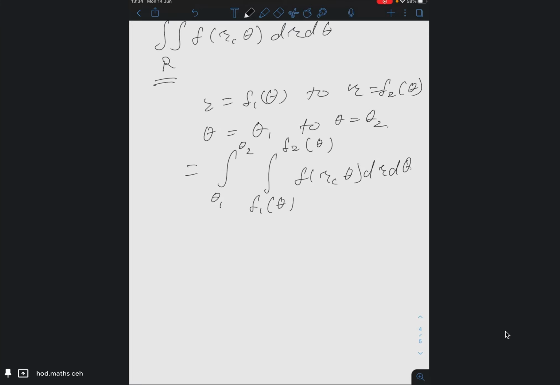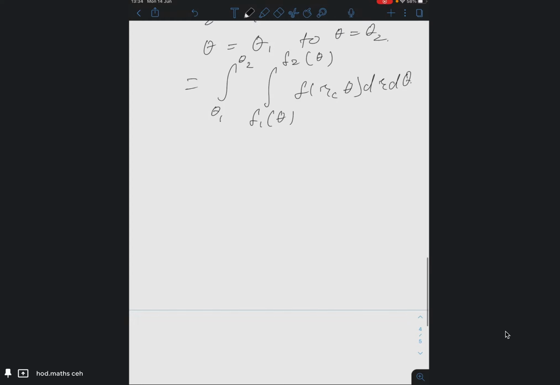Yes, ma'am. Curve tracing we discussed, but only in Cartesian coordinates, because that much was enough for that semester. But here you should be able to trace the curve in polar coordinates also.